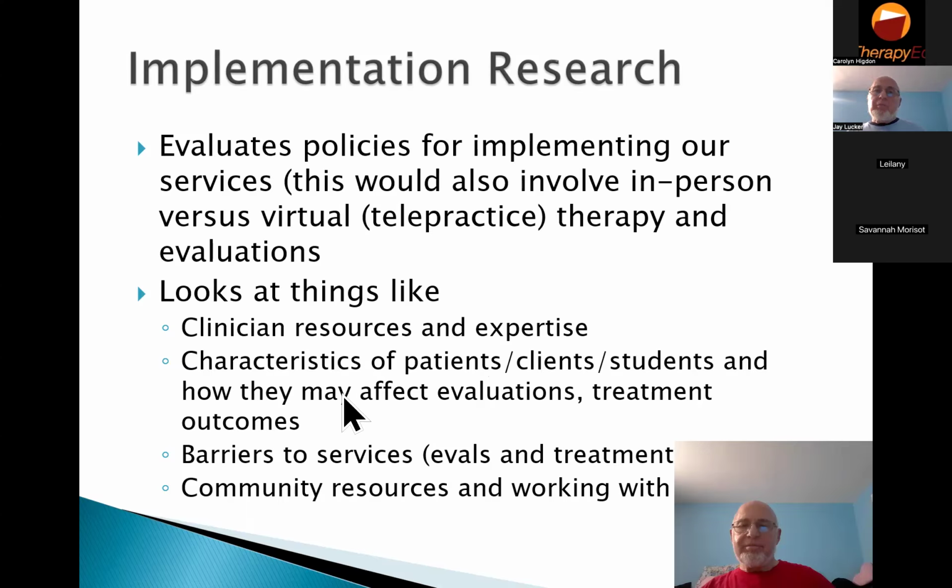Also, what implementation research might talk about is barriers. There's things that kind of prevent our ability to do the therapies or evaluations that we're providing. Okay, good example. You want to evaluate a person's language abilities in English, but the person only speaks another language. I think there's a barrier there. They don't understand English. Are you going to really be able to evaluate their English? It's easy. I just evaluated it. They only speak one language. They don't speak English.